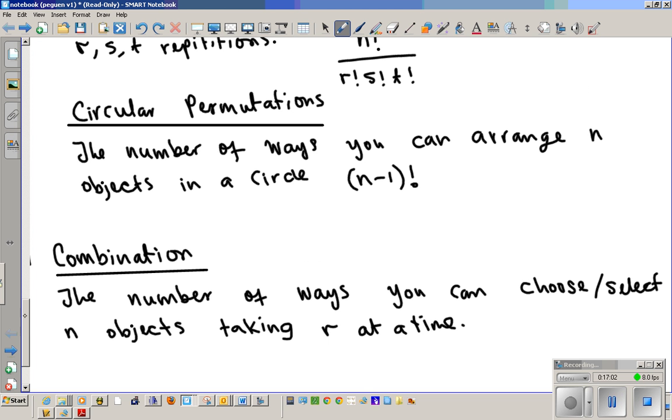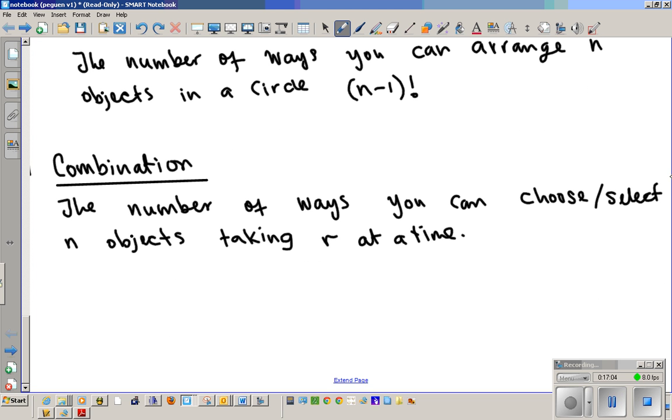Whenever you have combination, order is not important. So I can put no order here. For permutation, there's order. For combination, no order. Combination is choice. Permutation is placement, arrangement, selection, or ordering, arrangement of positions. So keep that in mind.